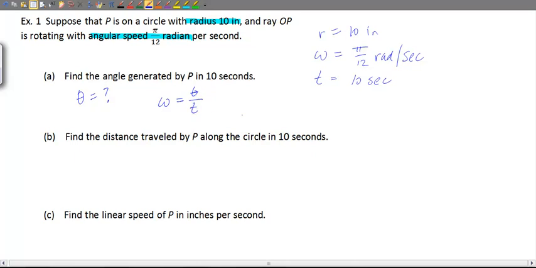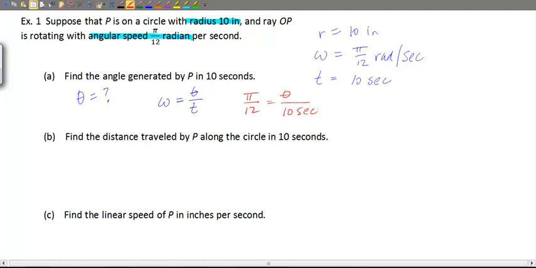Because I know two of the three items out of this formula, I know angular speed and I know time, this formula is going to help me since I have all the information I need to solve for theta. So now we're just going to replace our known values. Let's rewrite this: omega is pi over 12 equals theta over time, which is 10 seconds.